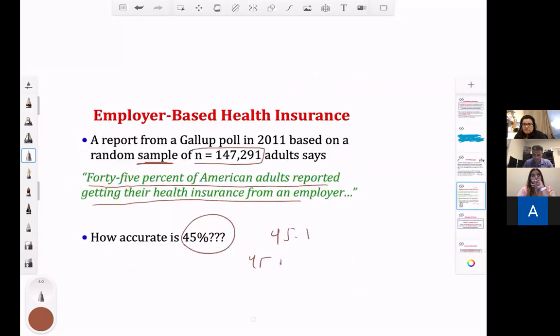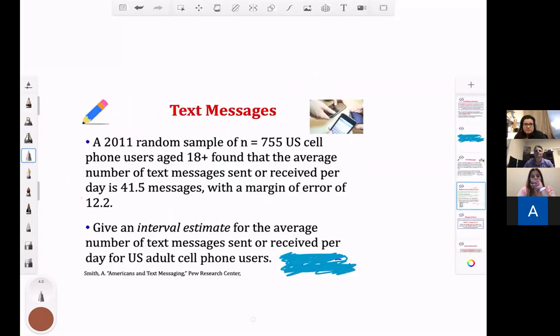Let's have one example. A 2011 random sample of n equal to 755 cell phone users age 18 plus found that the average number of text messages was 41.5, with a margin of error of 12.2.